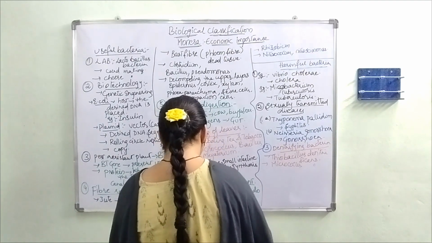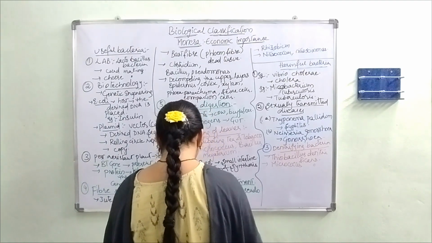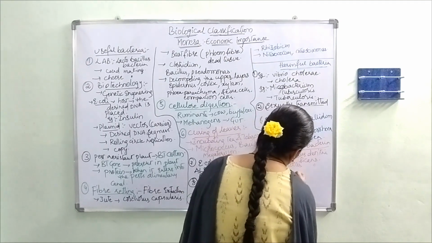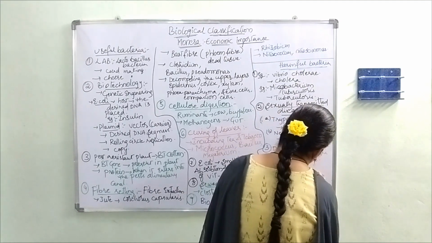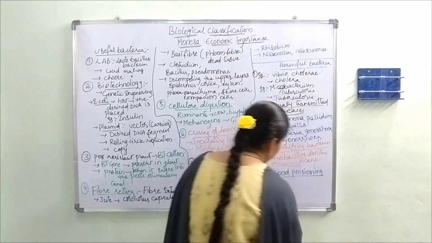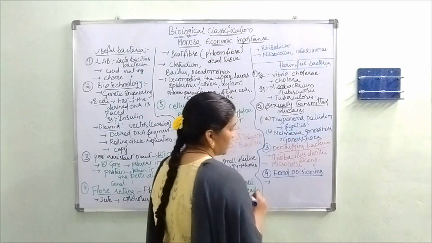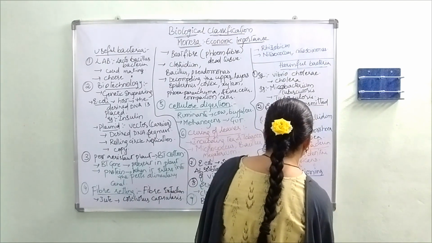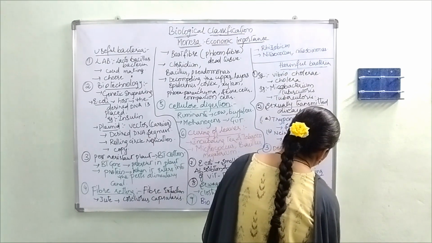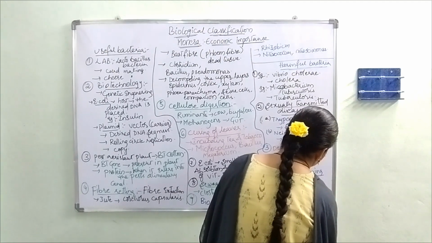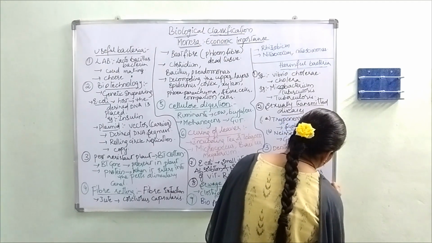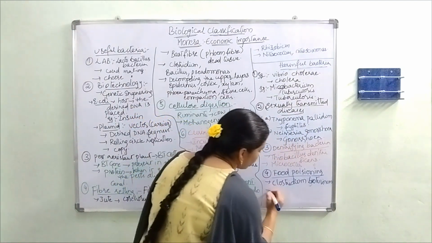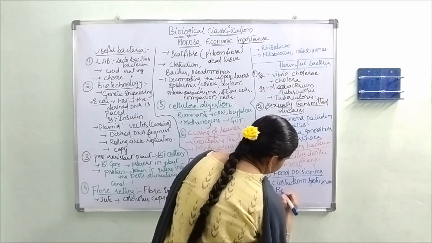Next, coming to number 4, another type is food poisoning. Bacteria such as Clostridium botulinum cause food poisoning called botulism.